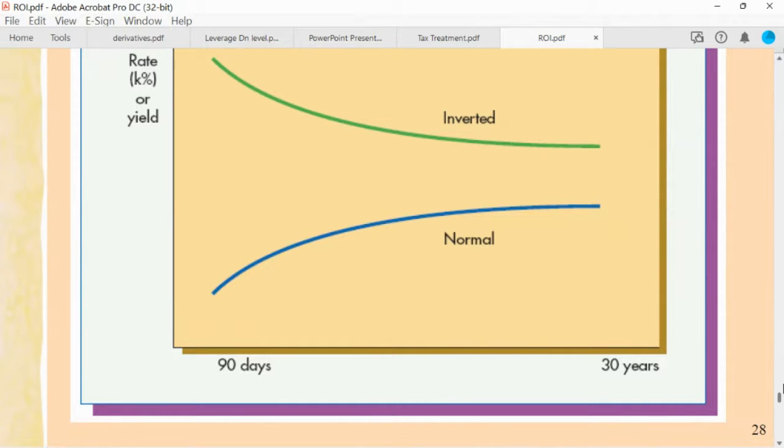If you're buying a 30-year bond, the return from the 30-year bond must be greater than the return from a 1-year bond, because it's been 30 years.